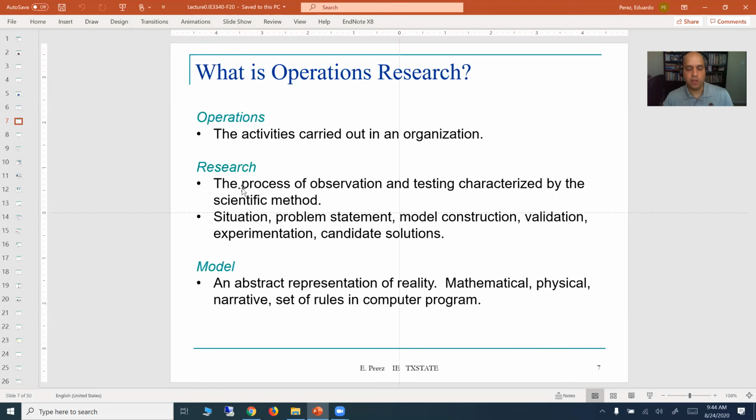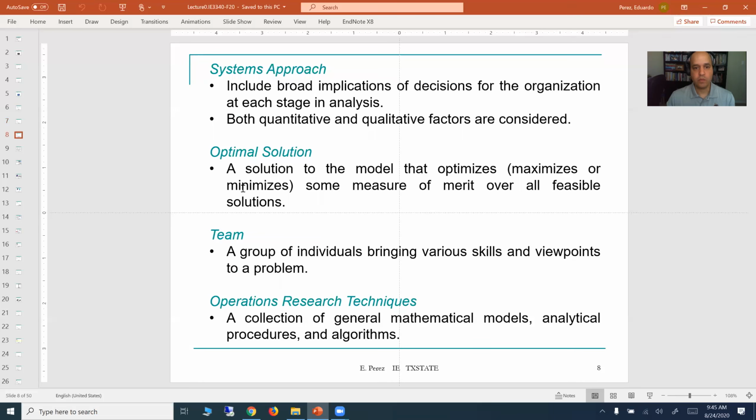That's what we do with a model. So if we put together these three definitions, we are going to be studying the operations of an organization or a process using these research techniques and using models. That's what we are going to be doing in operations research.